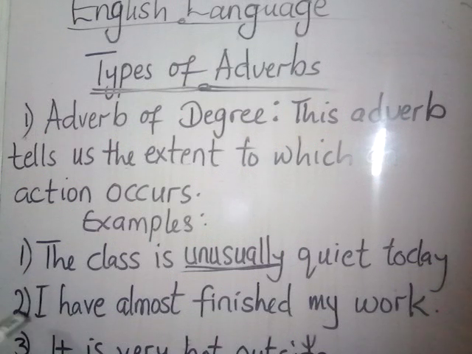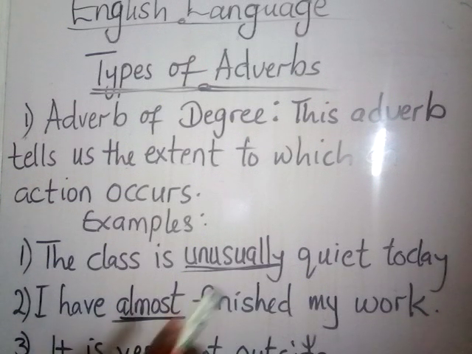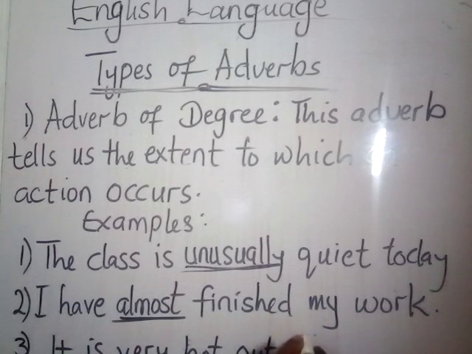The second example here says, I have almost finished my work. Again, almost here tells us the level or the extent to which the work is finished. Then the last example here says, it is very hot outside.